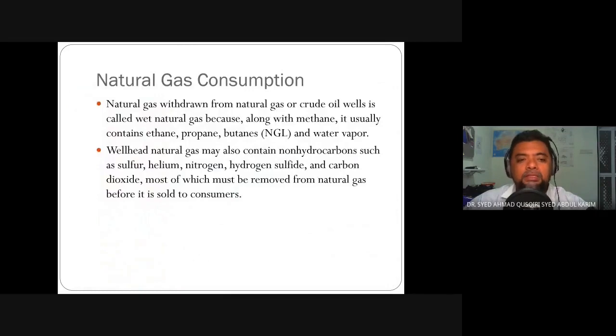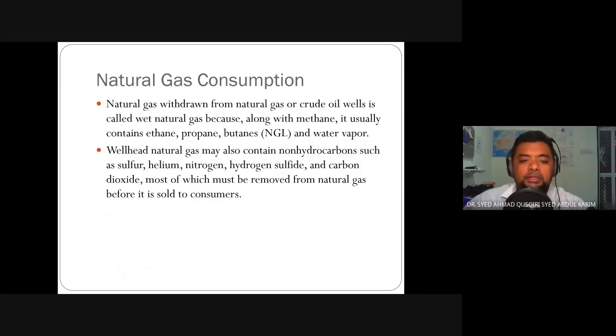Now, in terms of consumption, natural gas withdrawn from natural gas or crude oil wells is called wet natural gas because it is basically unprocessed natural gas. It contains other components such as ethane, propane, butanes, and water vapor.